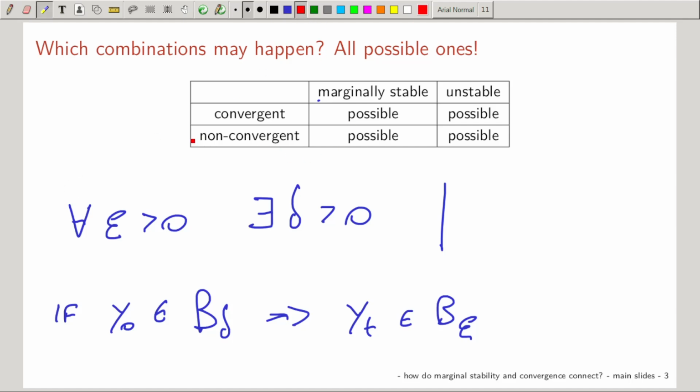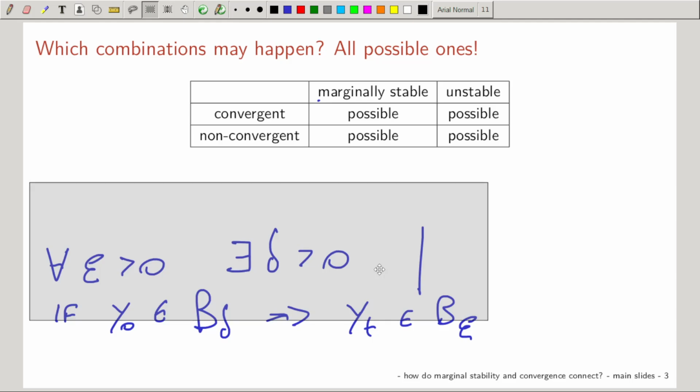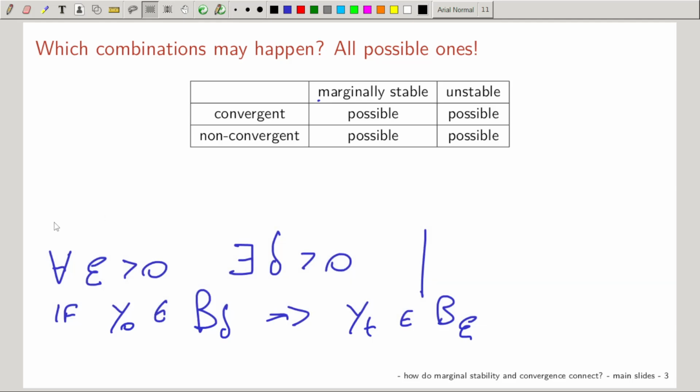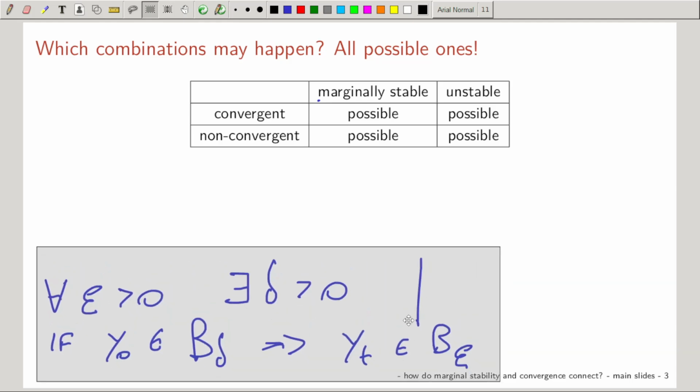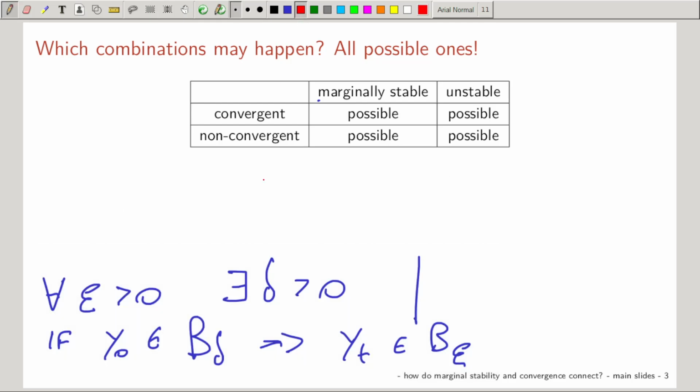Convergence. I write it here. Let me do something, it's going to be helping. Got it. Marginal convergence. How do we write? For every delta, or there exists a delta?